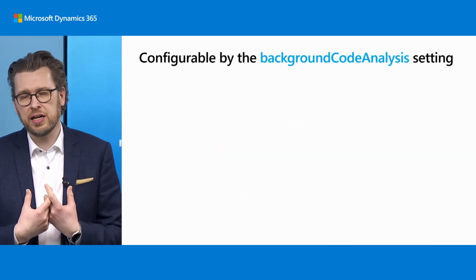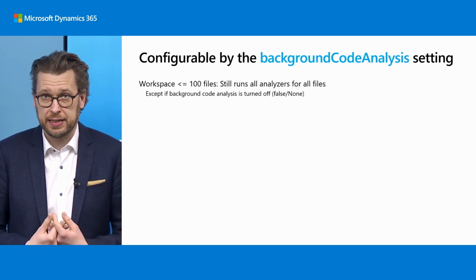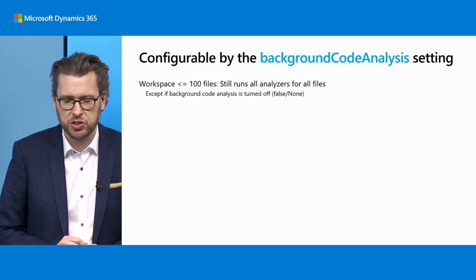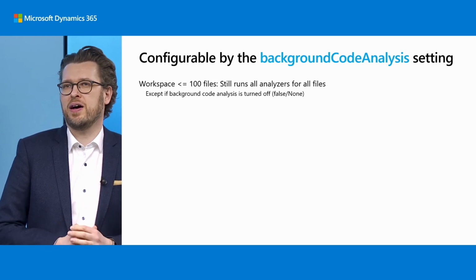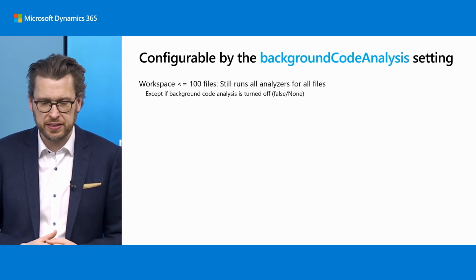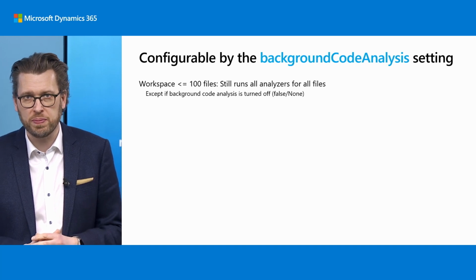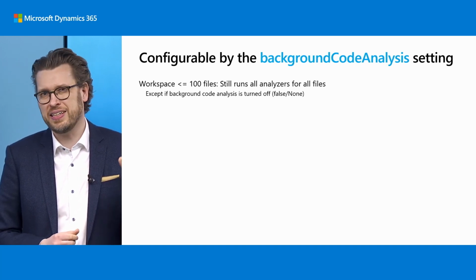So you can actually control this behavior through the background code analysis setting. Now, it might be a little bit strange, but we do a little bit of managing ourselves depending on the workspace size. I said that we always run on a file scope now by default, but that's not entirely true.